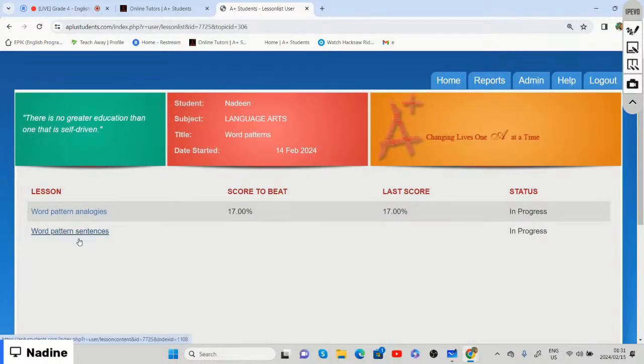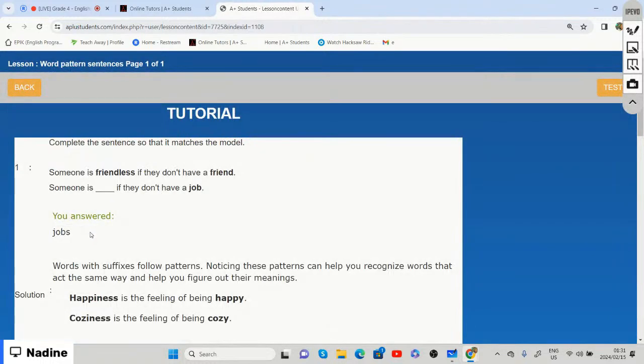So now we are going to word pattern sentences. That was word pattern analogies. And remember, we said that the first word is given to you with a specific suffix, and you're just going to have to follow, complete or repeat that specific suffix by using another word.